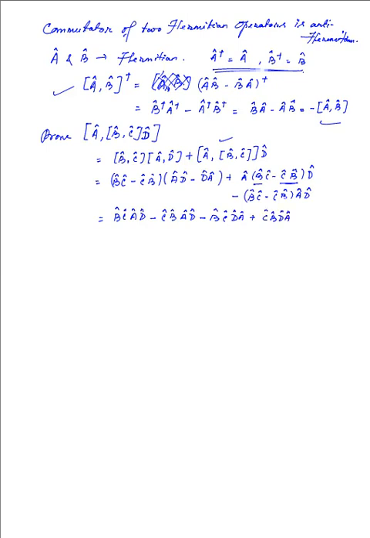Now CBAD was there, CBDA is here. Let's see what we can get. If we can cancel out a few terms, we'll see to that. Then we have for the second case plus ABCD minus ACBD minus BCAD plus CBAD.